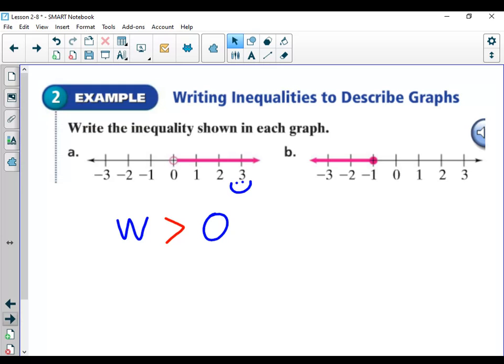Second one, same thing. Pick B because you like basketball. Pick H because you like hockey. Whatever it is that you like to do. I'm going to pick S because I like softball. My other number is -1 because there's a dot there.